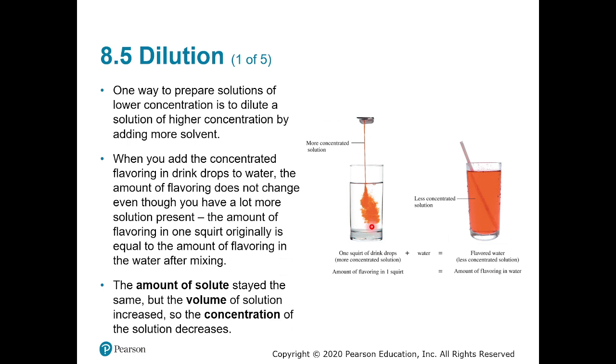Okay, so let's talk a bit about dilutions. One way to prepare solutions of lower concentrations is actually to take a solution of a higher concentration and dilute it by adding more solvent. Most of you have already done this to one degree or another. Have you ever used the soda fountains?